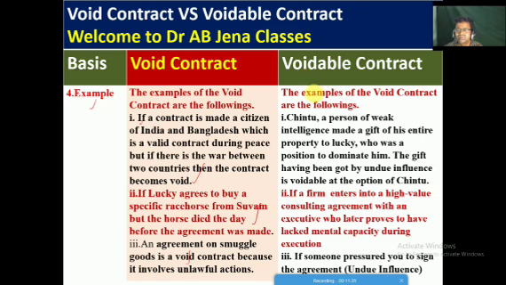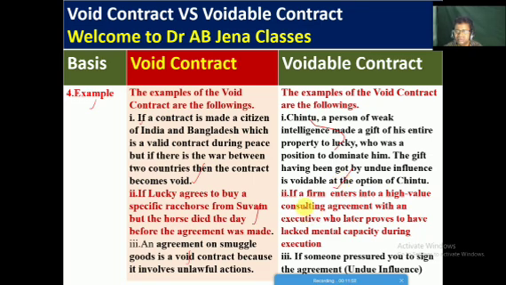Similarly, here are the examples of voidable contracts. If Chintu, a person of weak intelligence, makes a gift of his entire property to Lucky, who is in a position to dominate him, the gift having been got by undue influence is voidable at the option of Chintu.